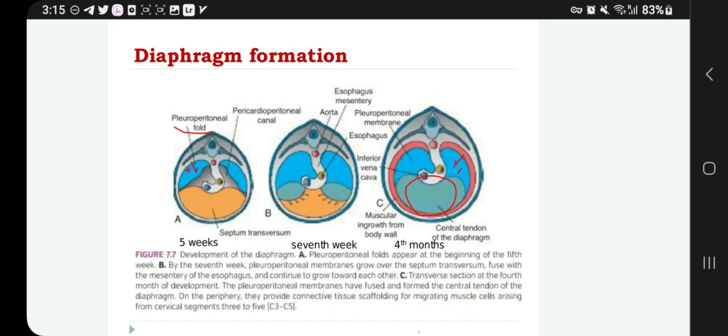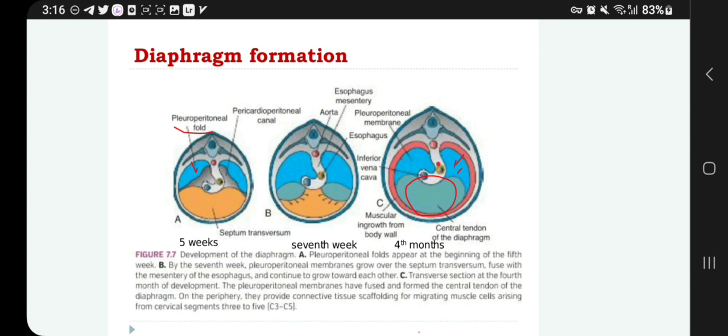And you can see the growing of the pleuroperitoneal fold in the fourth week. In 7 weeks, it covers the septum transversum, and in the fourth month, the myoblasts from the lateral thoracic wall immigrate to the membrane, and finally you can see the pericardioperitoneal canal closed completely.